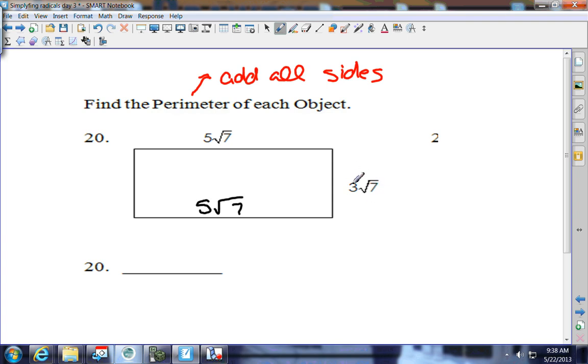If this is 3 square root of 7, so is the other side. Now, they're all square roots of 7, so I just need to add 5 plus 5 is 10. 13, that's 16. So my answer becomes 16 square root of 7. All you're doing is adding up the sides.